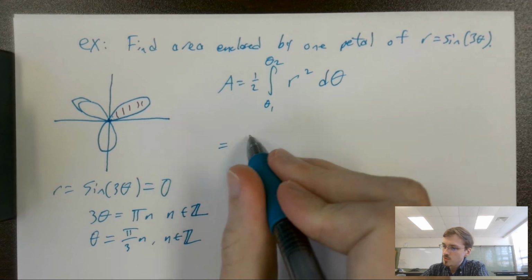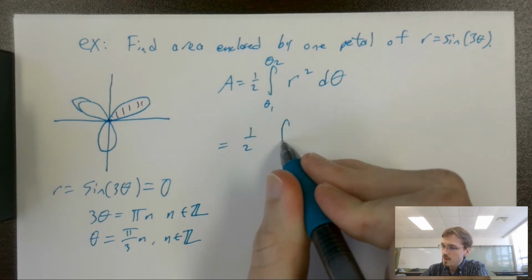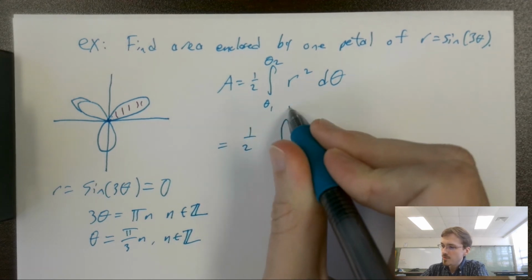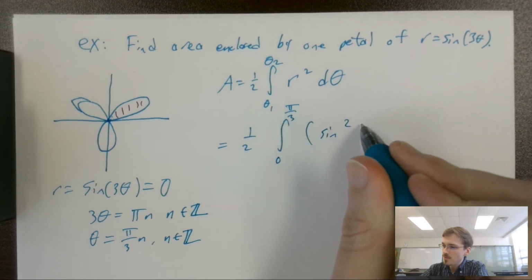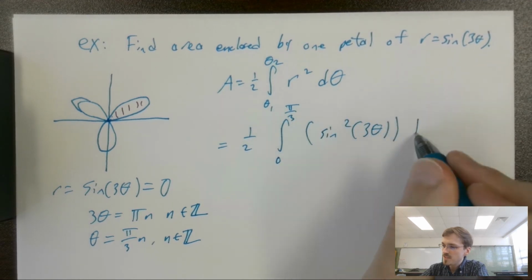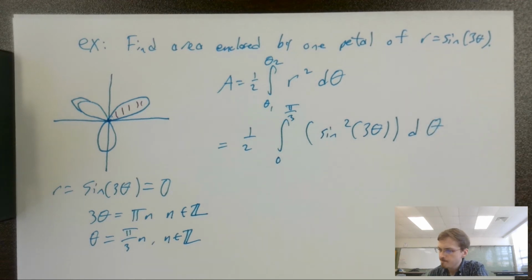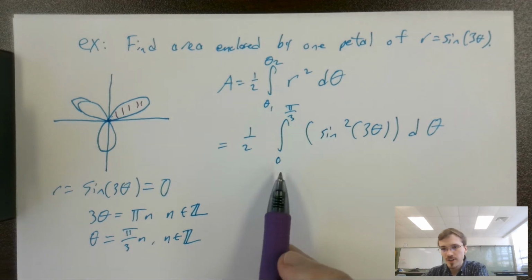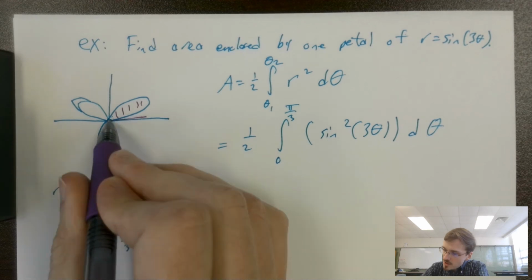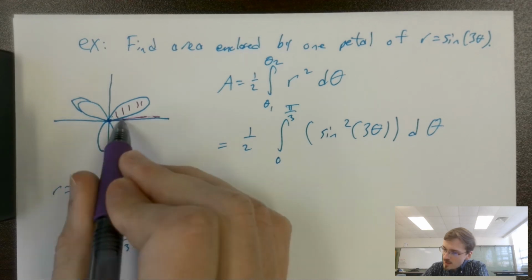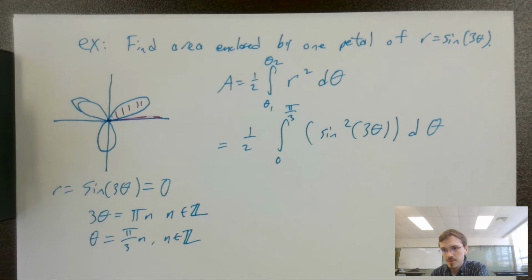So let's do 1/2 integral from 0 to pi over 3 of sine squared of 3 theta d theta. And it's kind of easy. Let's talk a little bit more about how we can see the bounds of integration visually. Visually, I can see that I start sweeping my angle theta at theta equals 0.